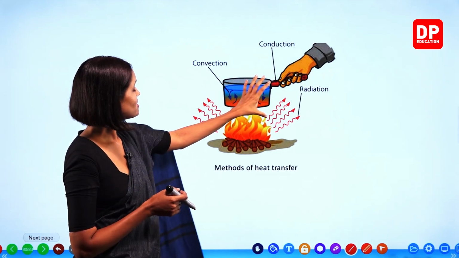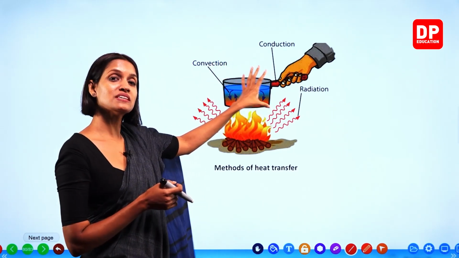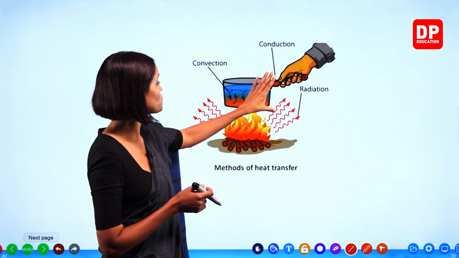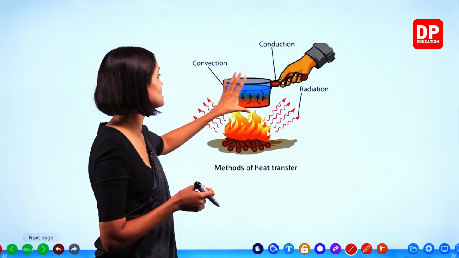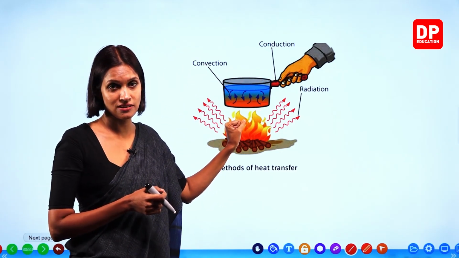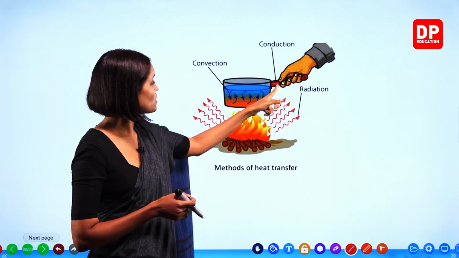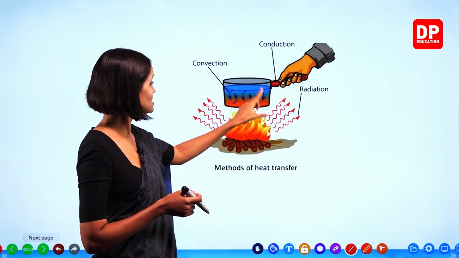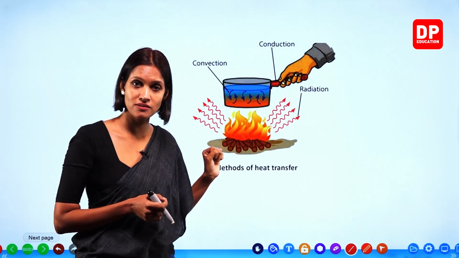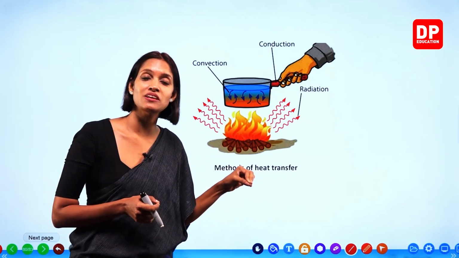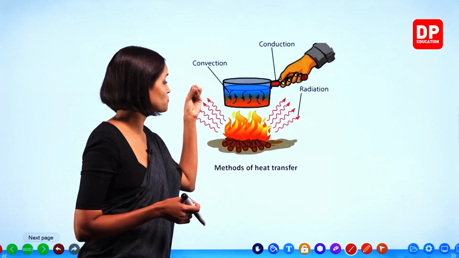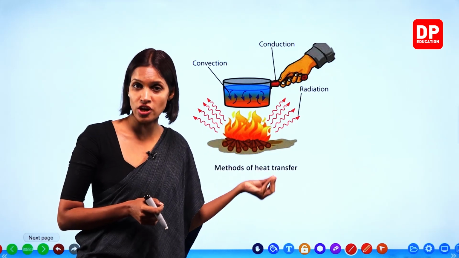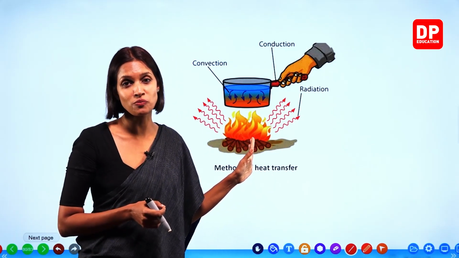Here, this metal vessel is solid, therefore the vessel gets heated up by conduction, right? Even this handle also gets heated up by conduction, right? Conduction is the method where heat travels from particle to particle through solids, but particles do not move.